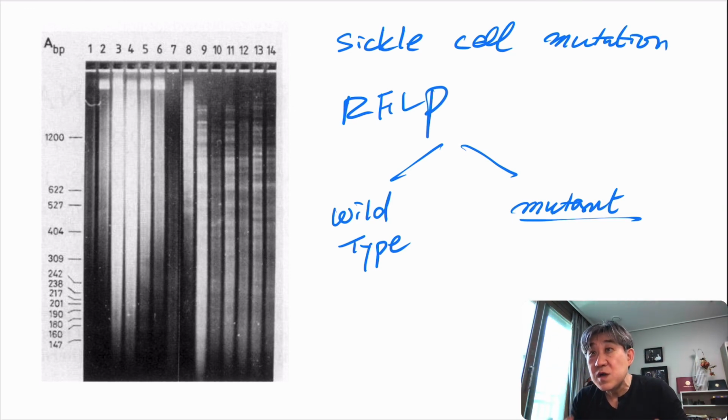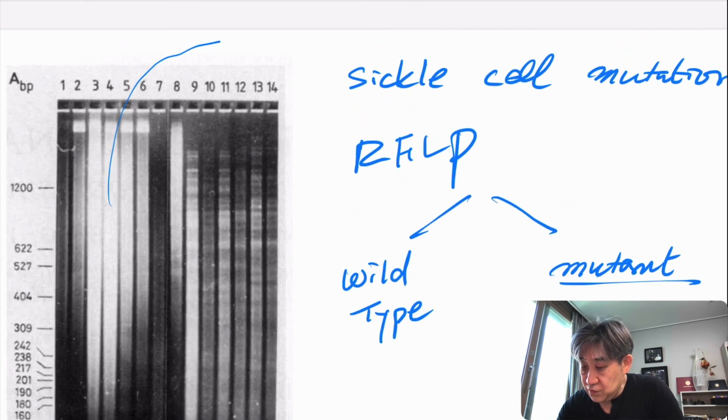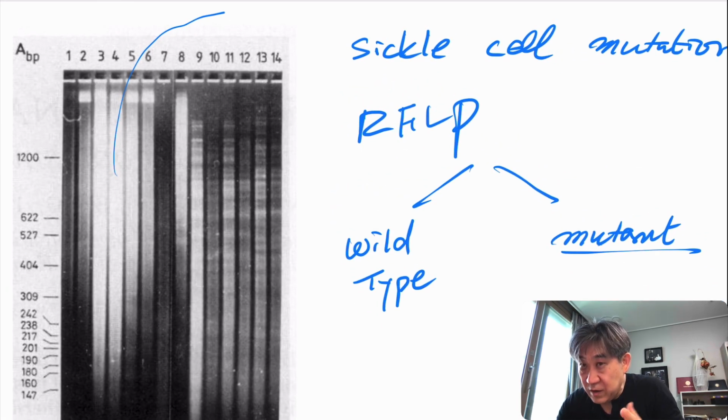So this pattern, all these whitish smeared structures, is the representation of all the different sizes of your DNA cut with that particular restriction enzyme. Usually the DNA fragment cutting pattern is a smear like this.